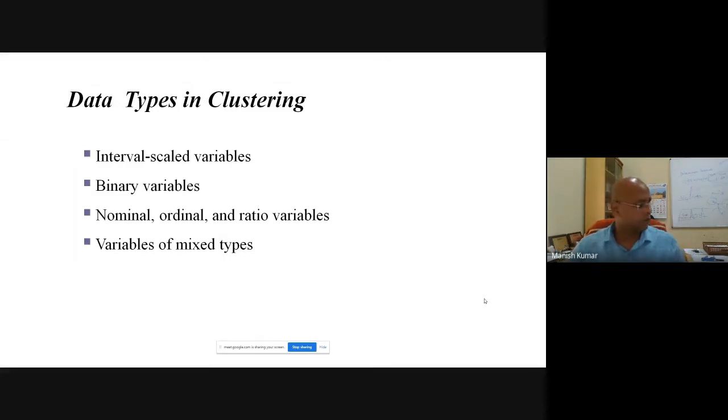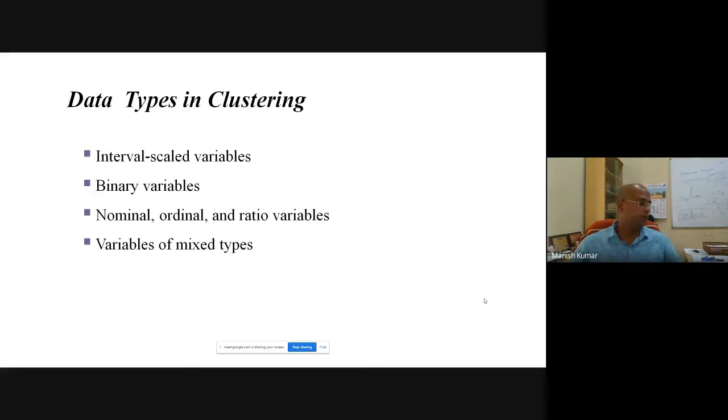Data types in clustering: we have interval scale variables, then binary variables, and nominal, ordinal, and ratio variables. We have variables of mixed type also. I'm not going into detail for all these.